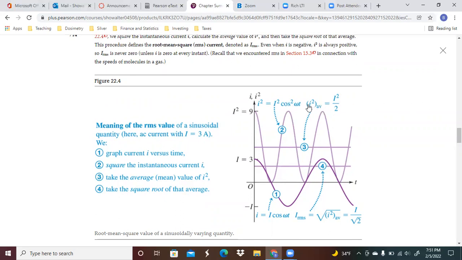So next, what we end up doing is we end up taking the average or the mean value of this particular quantity, I squared, and that turns out here to be I squared divided by 2. And then finally, when we go through and we take the root mean square of it, this is the value that we come up with, which is this right here, this straight line.